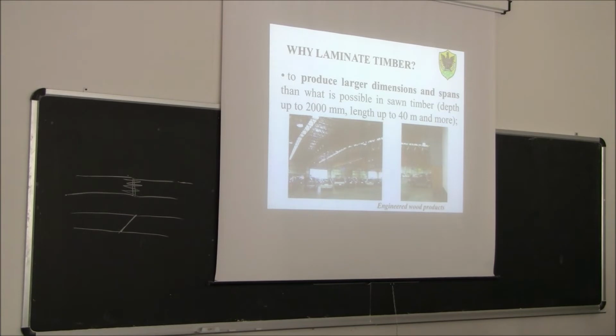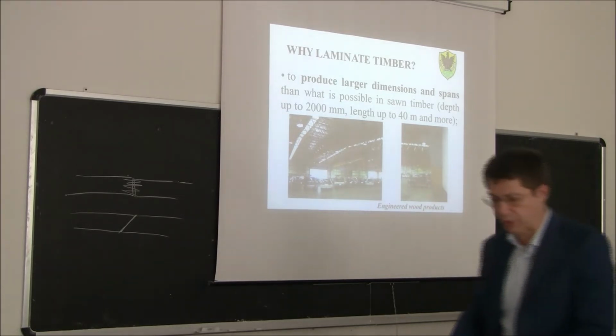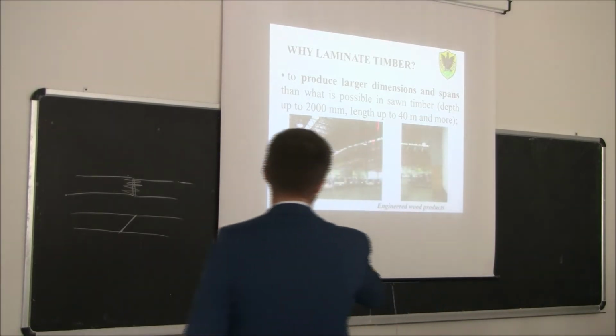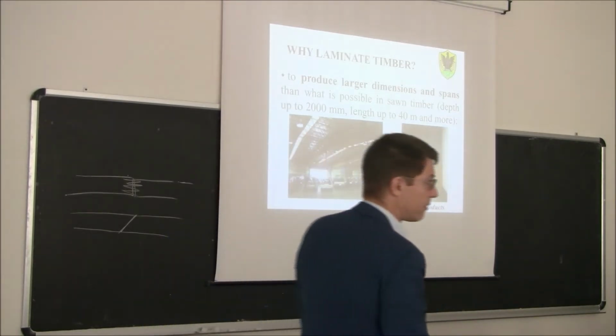So why laminate timber? The first reason to produce glue laminated timber is to produce larger dimensions and spans than what is possible with sawn timber. We can get cross sections up to 2 meters high. Usually they are 20 to 30 centimeters wide, not too big, and length up to 40 meters.